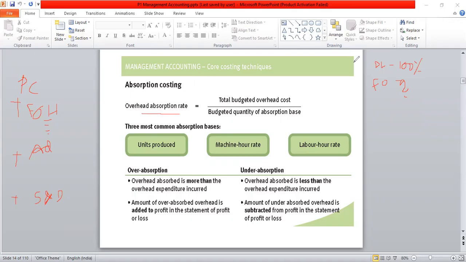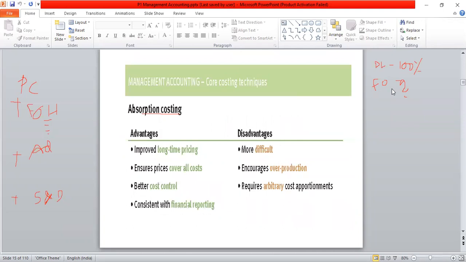Over absorption or under absorption happens, so we will look into the questions related to that.